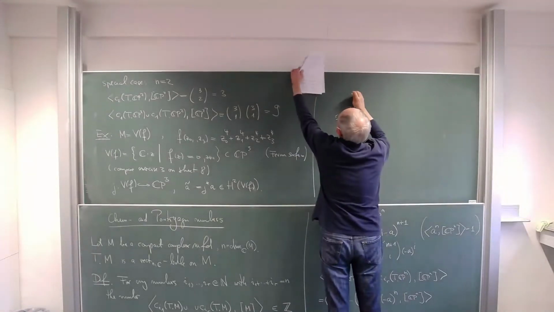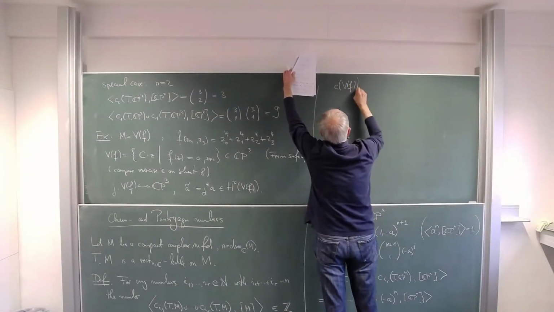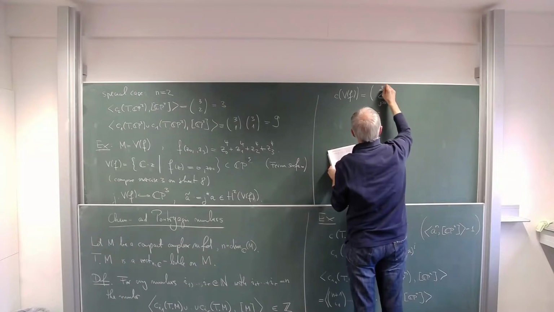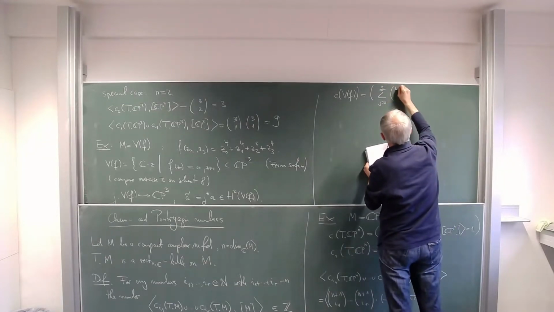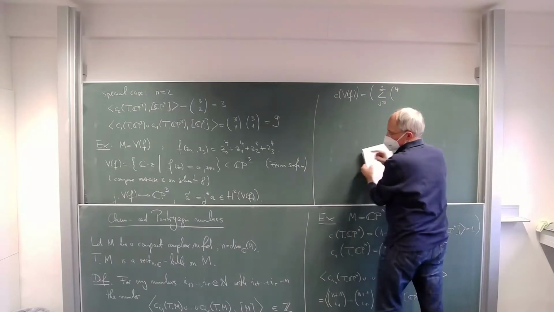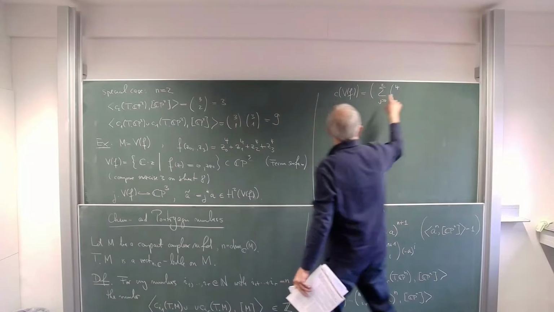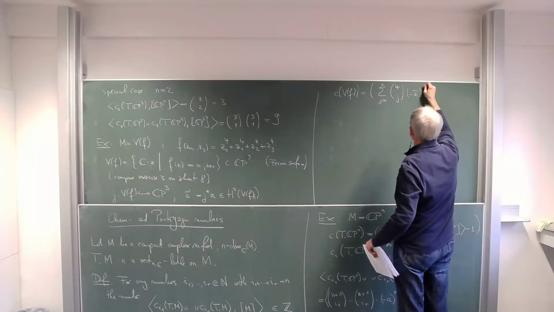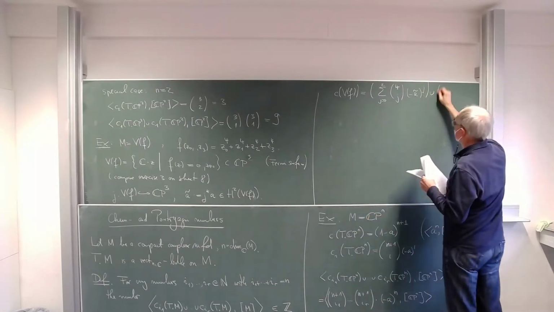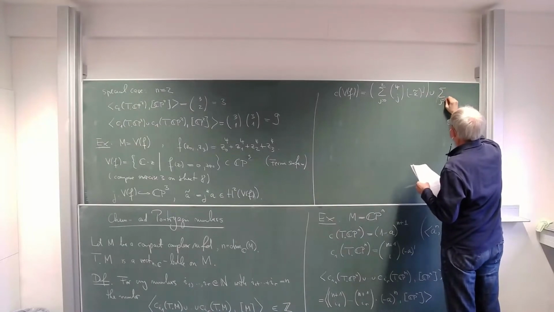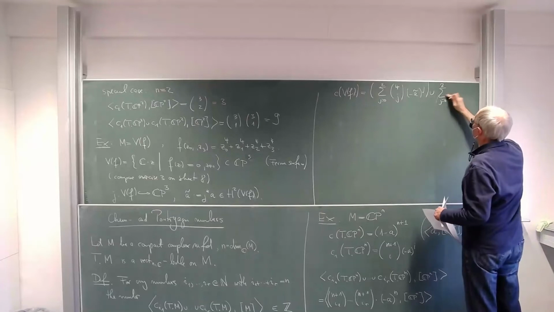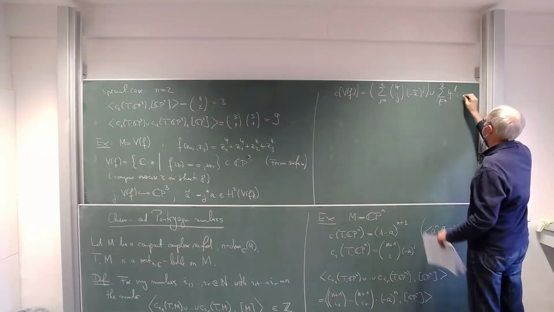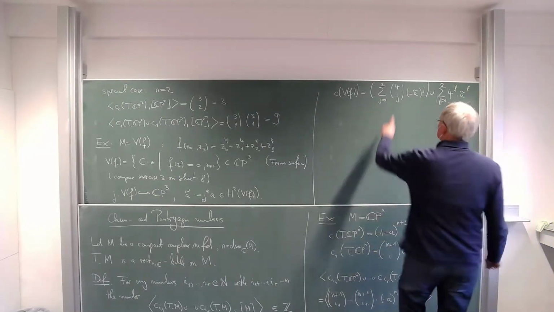Namely, the Chern class of the surface is given as the sum from j equals 0 to 2, since it's two-dimensional, and here we have n plus 1, so 3, the dimension of that guy plus 1, which will give me 4, choose j, minus a twiddle to the jth power, times another sum, again from l equals 0 to 2, and then we have 4 to the l, times a twiddle to the l. So this 4 is a different one than this 4.